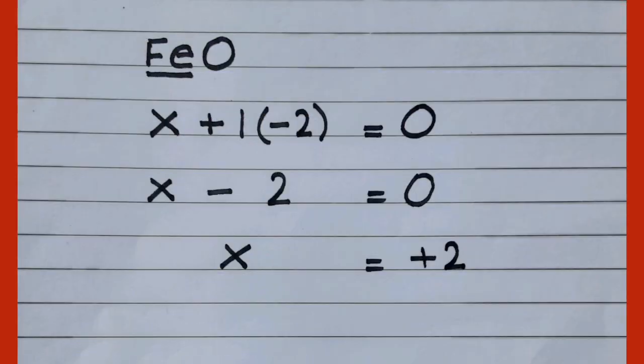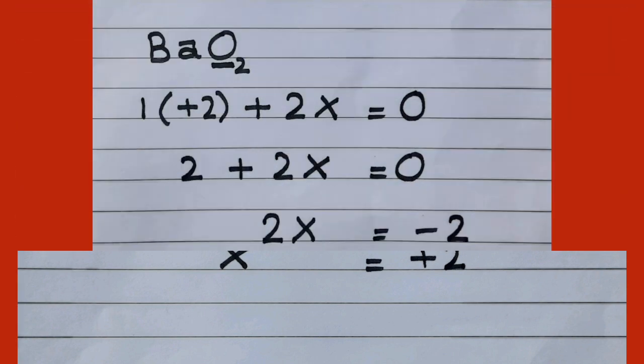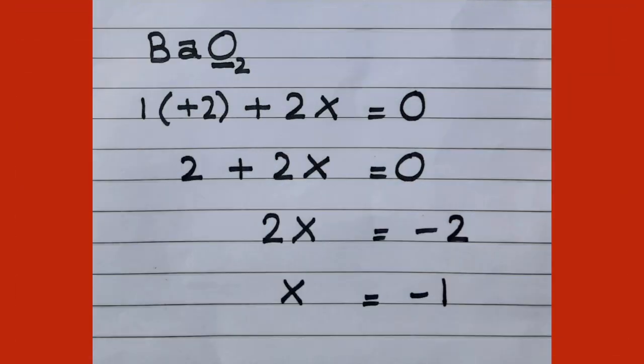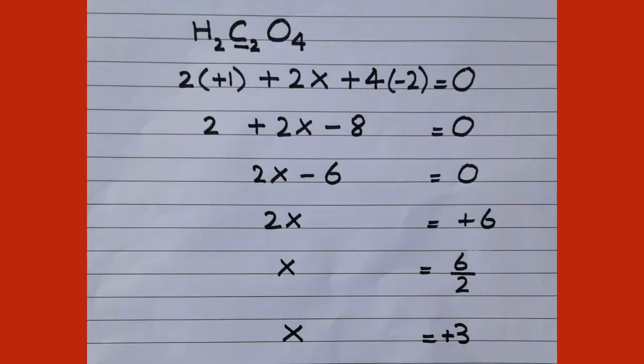FeO, underlined element Fe. x plus 1 multiplied by -2 equals 0. x minus 2 equals 0. x equals +2. BaO2, underlined element O. We know that group 2 elements always have +2 oxidation number. 1 multiplied by 2 plus 2x equals 0. 2 plus 2x equals 0. 2x equals -2. x equals -1.